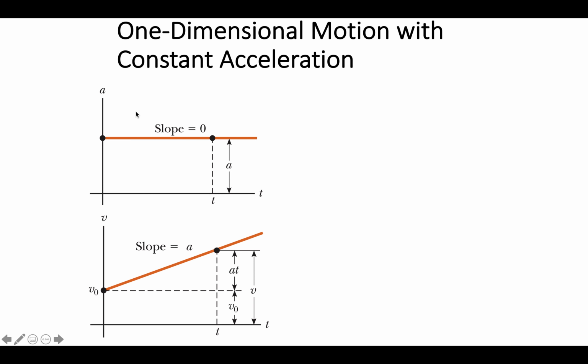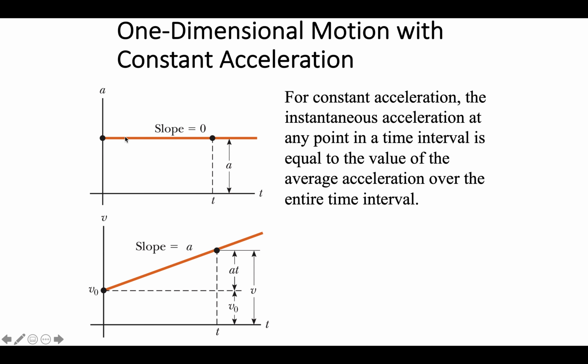So if we have a constant acceleration, if we look at a velocity time graph, that means the slope is constant. Since the slope of the velocity time graph is equal to acceleration, the acceleration is going to have a slope of 0 because the velocity increases at a constant rate, which means the acceleration is constant, so the rate of acceleration never changes.